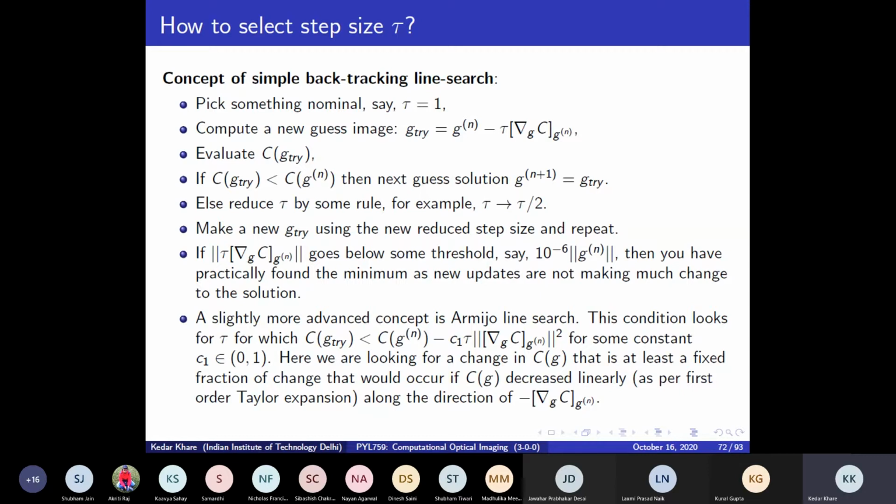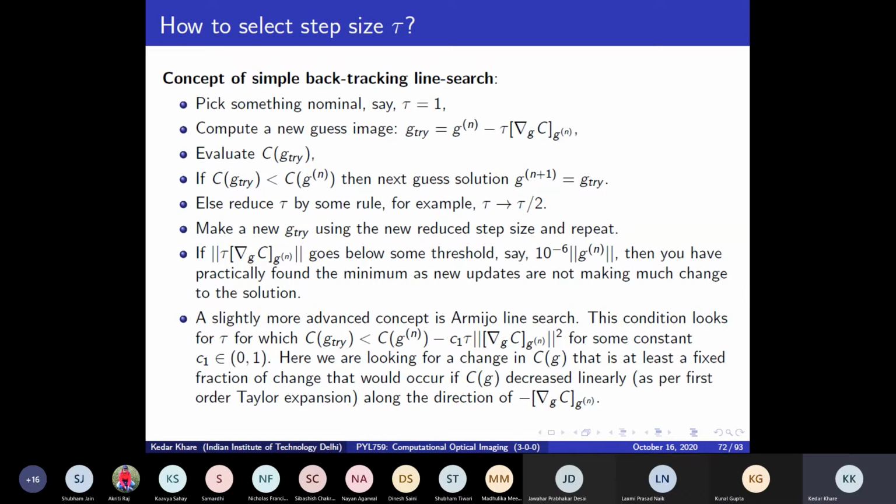This book is easily available online. You can download it, and I can put a chapter out of this book in Moodle, but basically there is this other sequence for this line search.